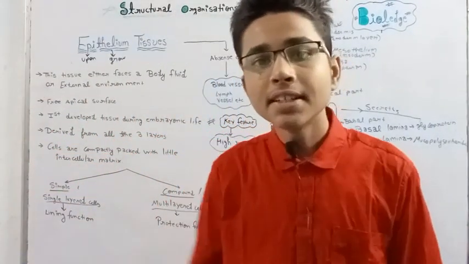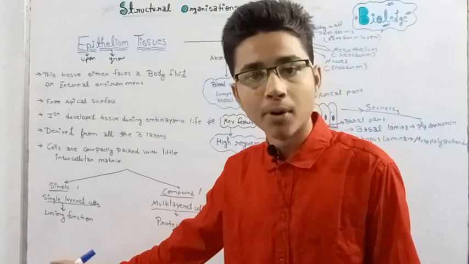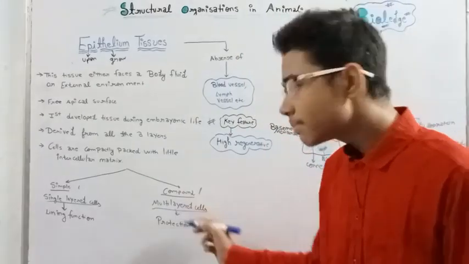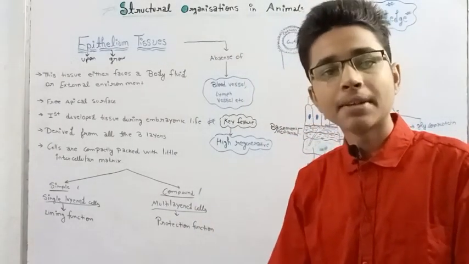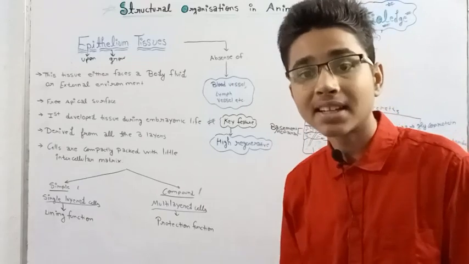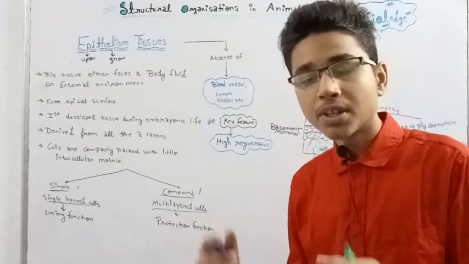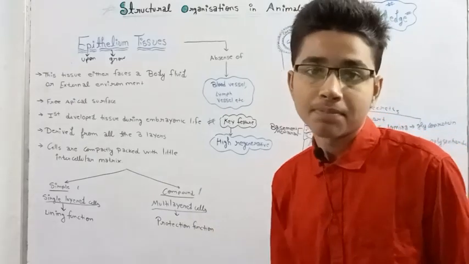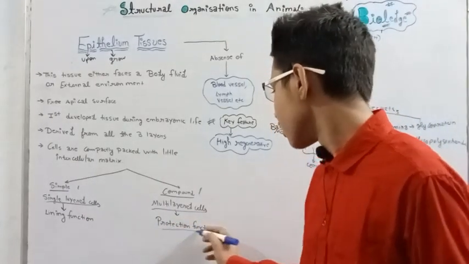If they are single layered, they perform the function of lining cavities, body organs and some smooth organs. Because they are multi-layered, they can perform protection. Like in our epidermal skin, a lot of mechanical and chemical stresses are found there. So to protect our body from such mechanical and chemical stresses, they perform the function of protection.